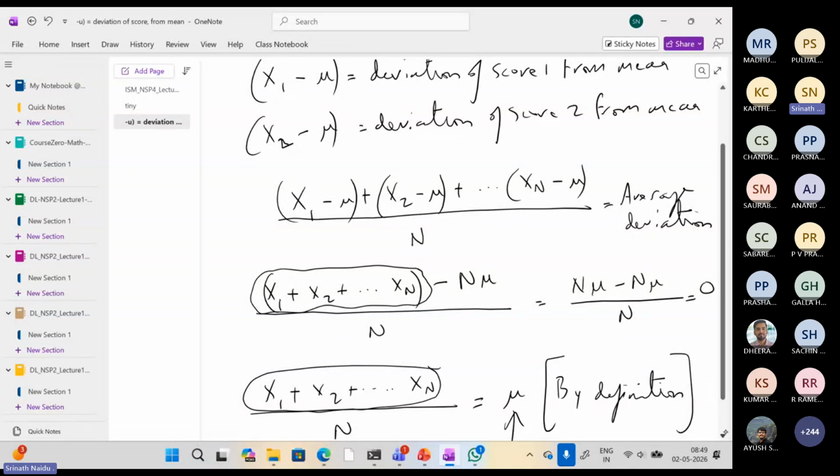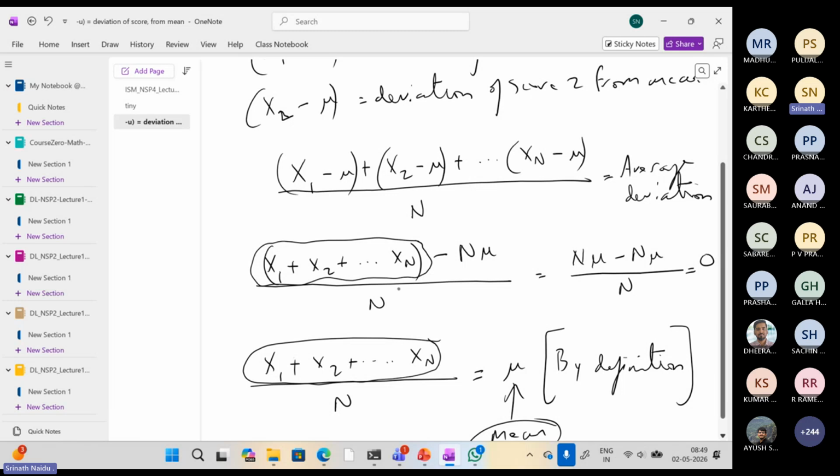Now, by the definition of the mean, x1 plus x2 plus xn divided by n is equal to mu. If I cross multiply, the sum of the numbers is basically n times the mean. So I can put n times mu in place of x1 plus x2 plus xn. Then I get n times mu minus n mu divided by n, which is 0. Right?